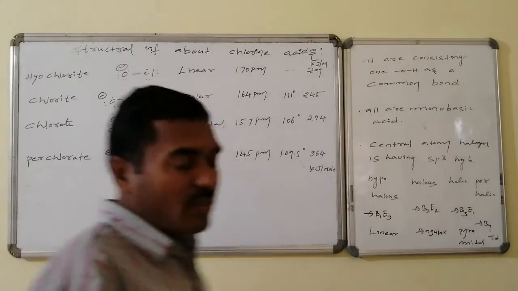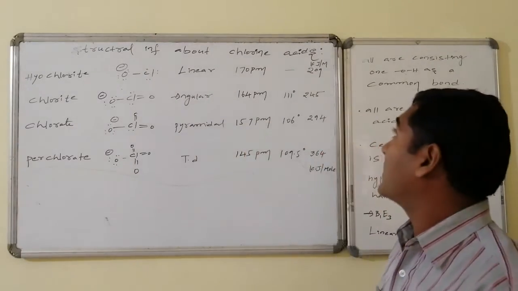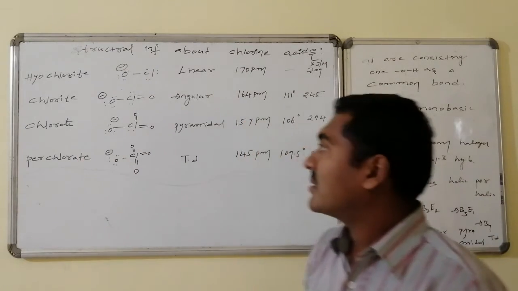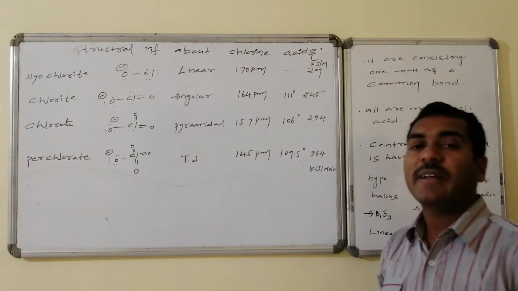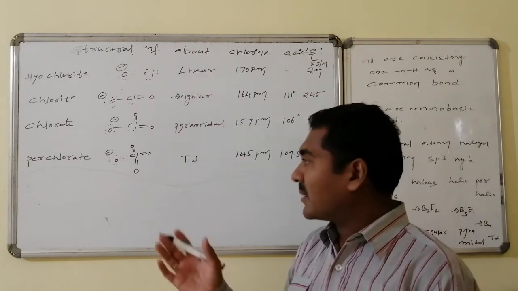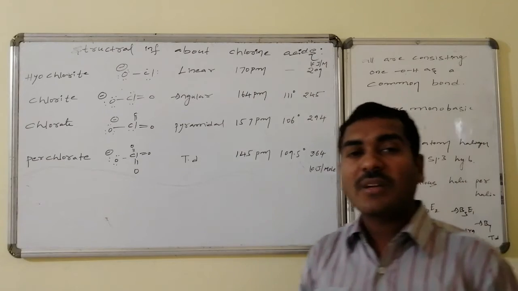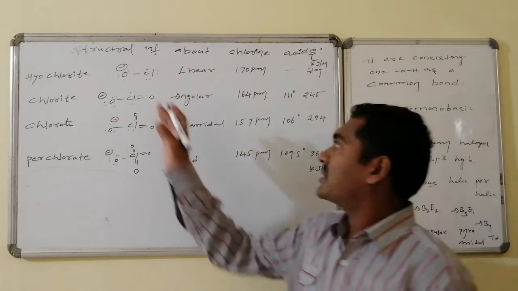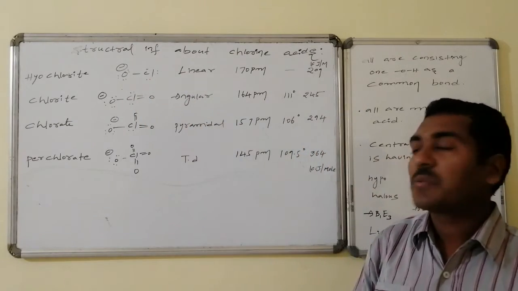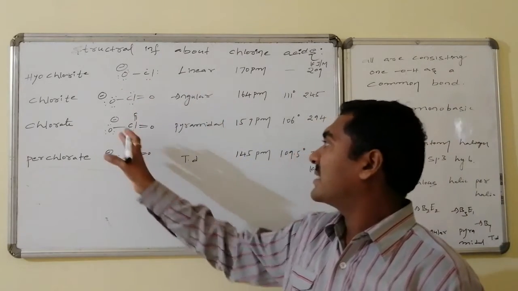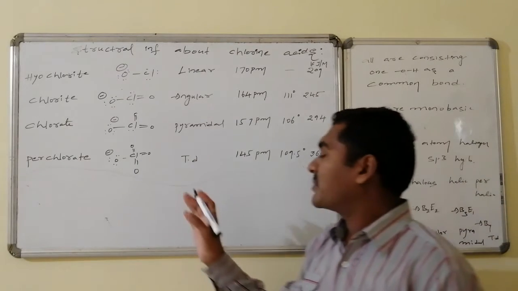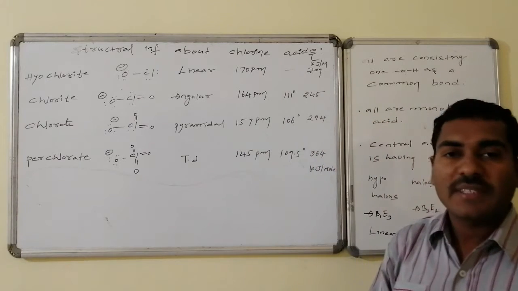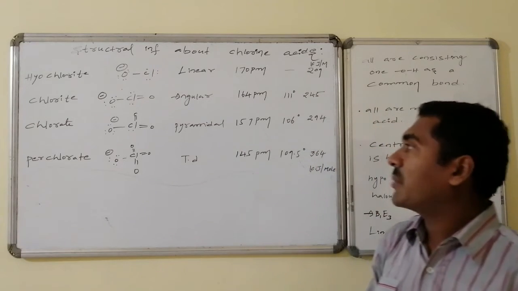Now the structural information about the oxo acids related to chlorine, that is hypochlorite, chlorite, chlorate ion followed by perchlorate. These are all monobasic acids. After losing the proton, these are present in the form of the corresponding anion, that is HOCl is converted to H+ followed by OCl-, ClO2- here, ClO3- here, and this is the perchlorate ion, that is ClO4- ion.